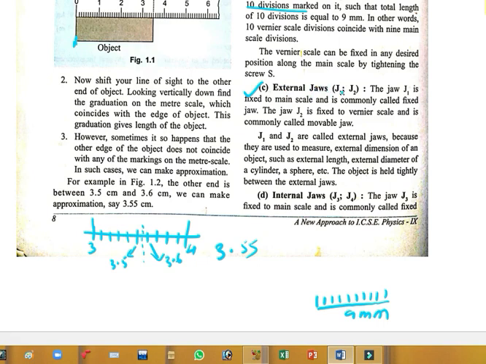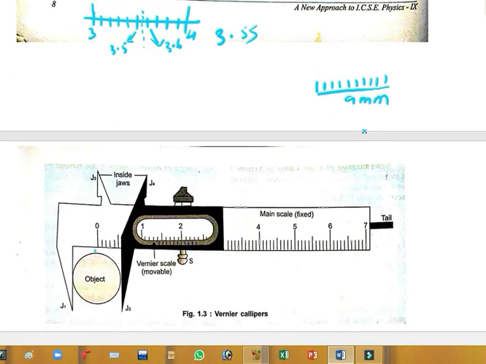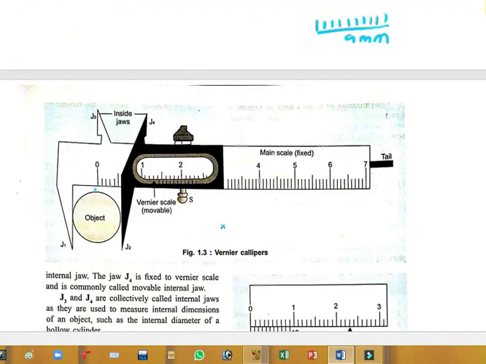Okay. So external jaws. Next we have the external jaws, that is J1 and J2. The jaw J1 is fixed to the main scale and commonly called the fixed jaw, and the jaw J2 is fixed to the vernier scale and is commonly known as the movable jaw. So you can see the two jaws, this is the first jaw J1 and this is the second jaw.